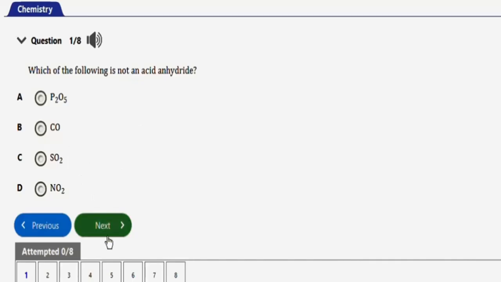The next question will be this one. It says the color of phenolphthalein indicator in dilute acid is what? So the right option in this question will be option B, which is colorless. So when you are doing acid-base titration, you are making use of phenolphthalein as your indicator.